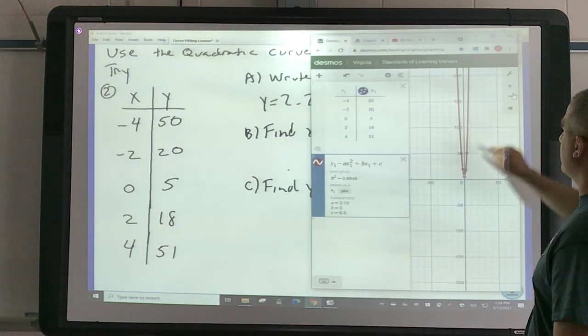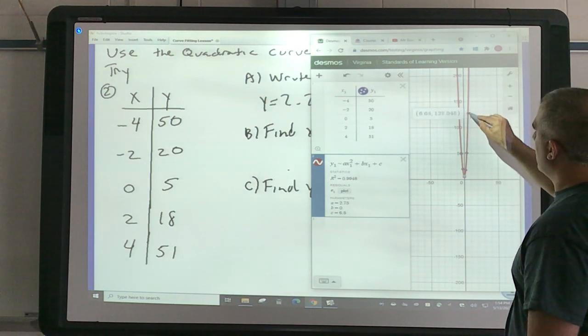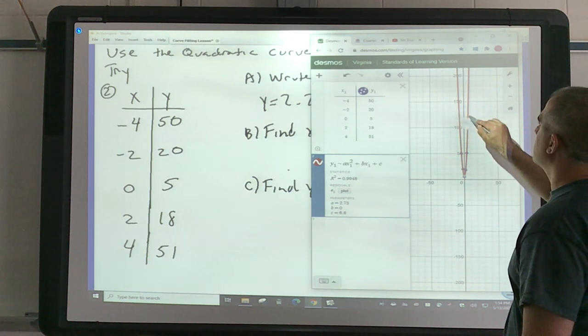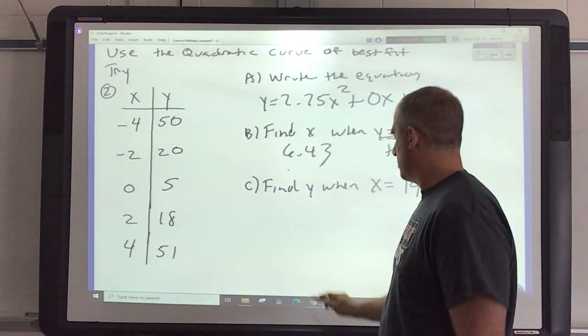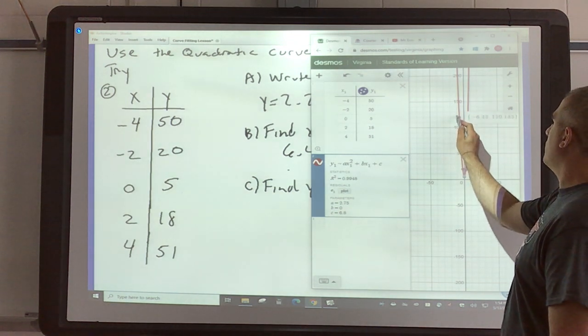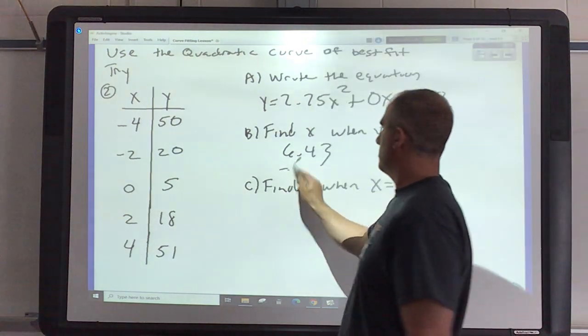I'm going to have to zoom out for this. Okay, y is 120 at about 6.43. And then I'm going to check this other side of 120. Negative 6.41.